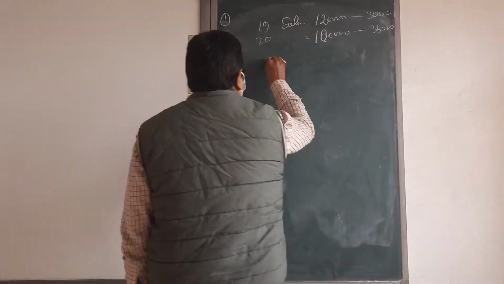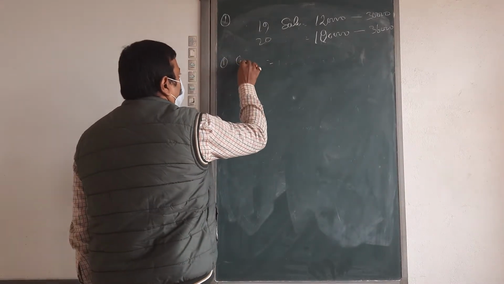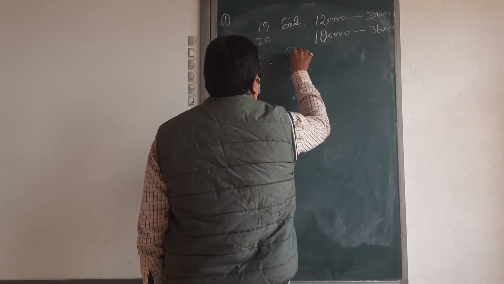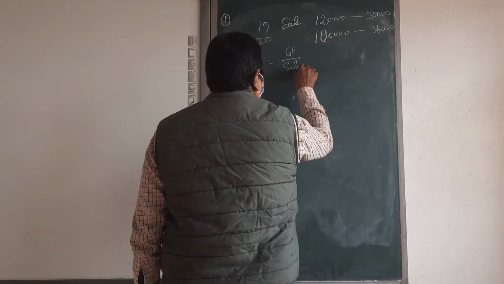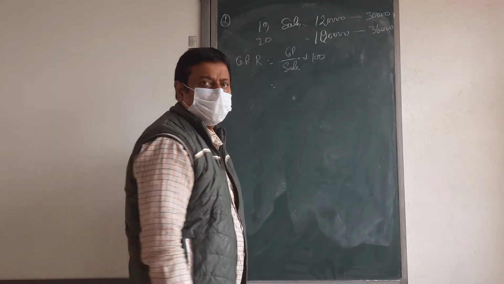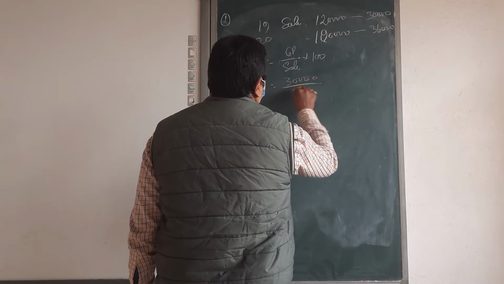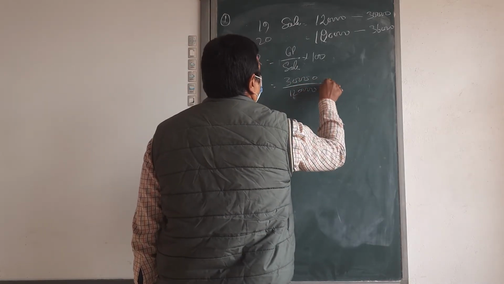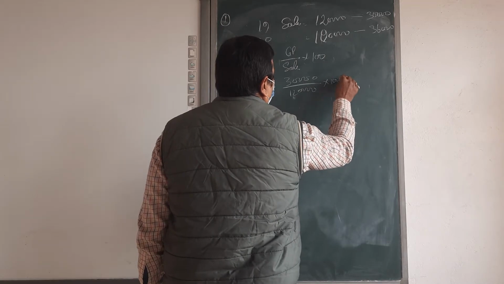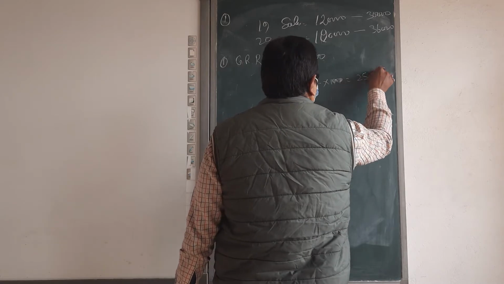So go for calculation. You have the gross profit and you have the sales. First, gross profit ratio is equal to GP upon sales into 100. GP is 30,000 upon 1,20,000 into 100, that is 25%.